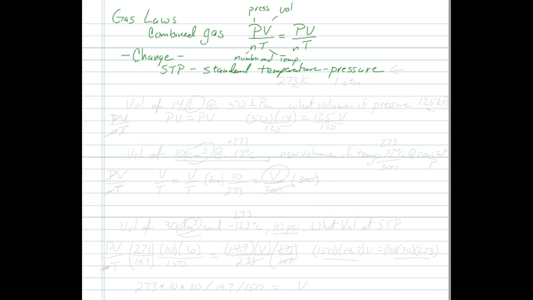Standard temperature is 273 Kelvin, which is 0 degrees Celsius, and pressure is 1 atmosphere or its equivalent. If the units we're talking about is kPa, then it would be 101.3 kPa, the conversions that we had in the last program.